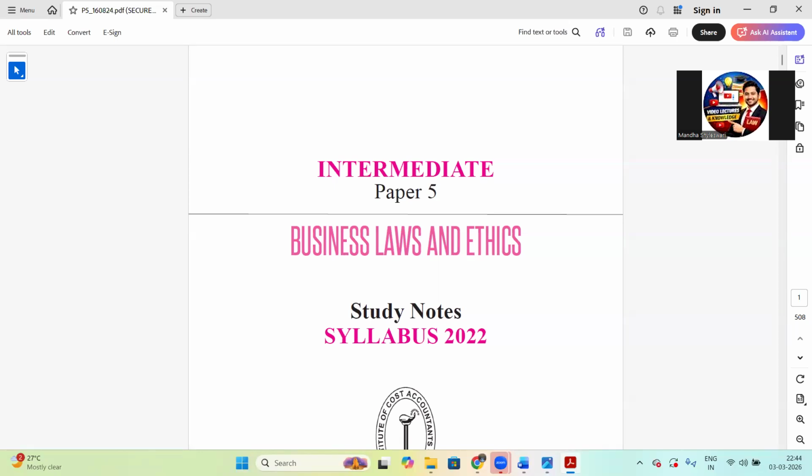Previously, we had discussed the various important aspects of chapter number 2 of the Indian Contract Act 1872. Today, we are having a short conversation regarding the most probable or repeatedly asked questions in previous exams of Business Law and Ethics.